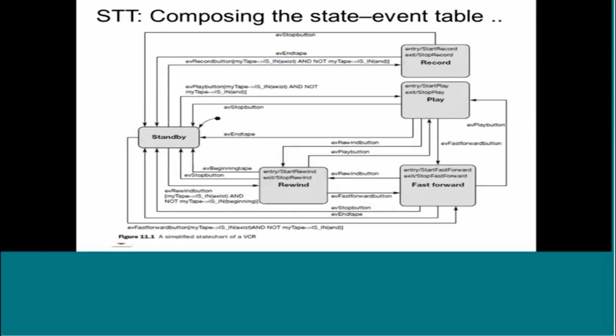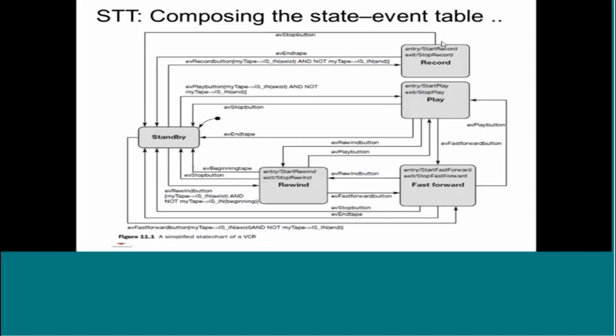So the state chart is the starting point for identifying this example application. We need to see the composition of the state event table, basically driven from the states first, then the events. You can see the arrow marks as events and the states in the rectangular boxes.